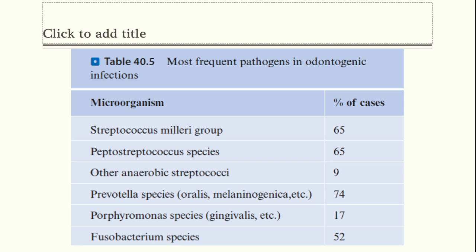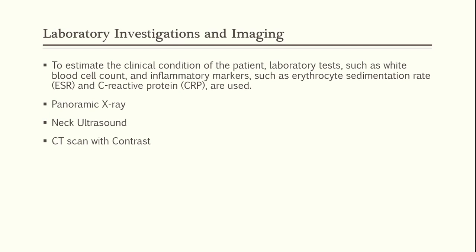Now, once we have a patient with an odontogenic infection, we need to ask for some lab work, whether it's submandibular, buccal, or submental, whatever it is. Usually we order a complete blood count to see the white blood cell count. Usually it will be higher.